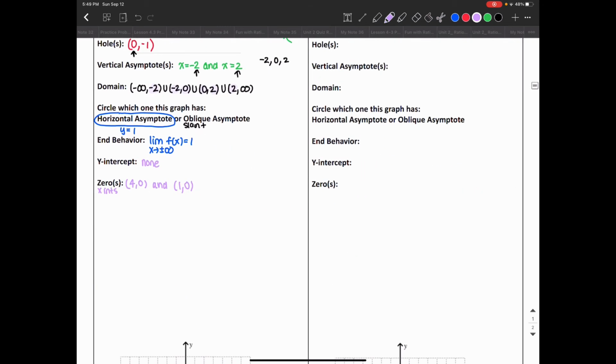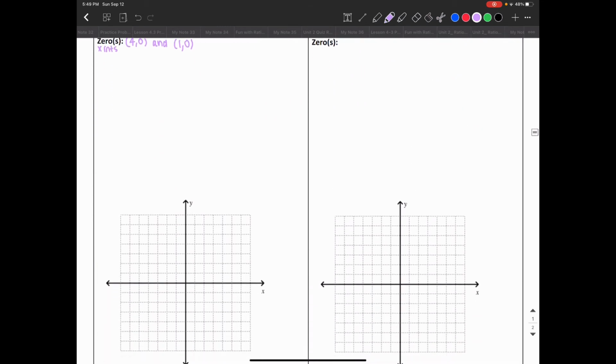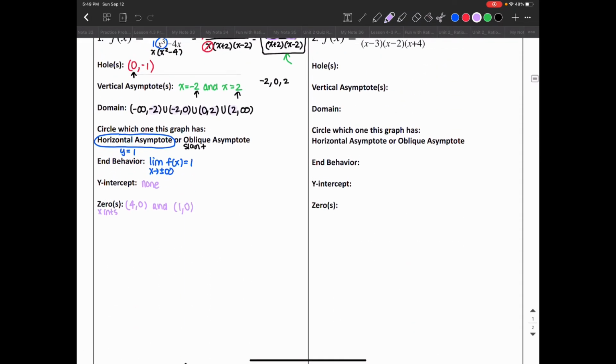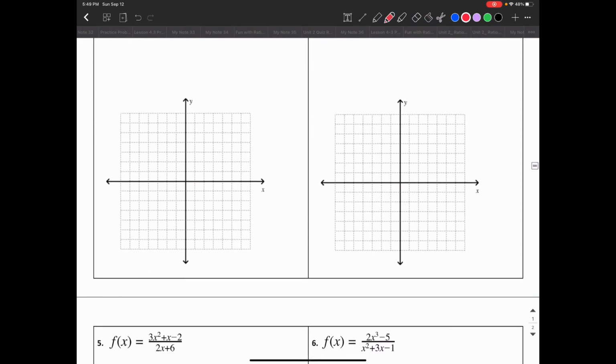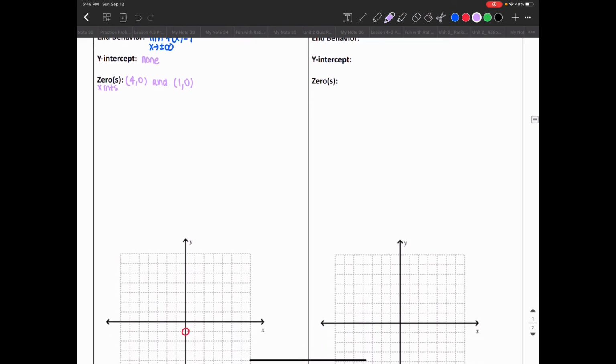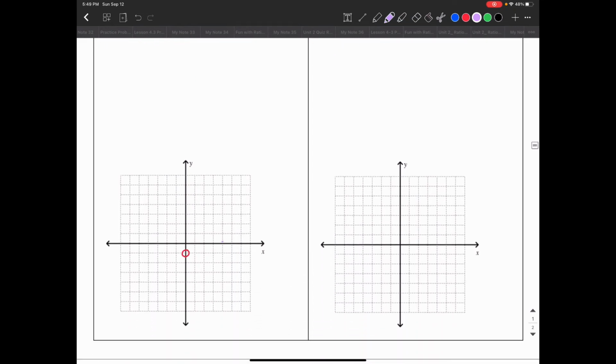So I'm going down here, and the first thing I'm plotting is a hole at (0, -1). So I have a hole here. My zeros are (4, 0) and (1, 0).